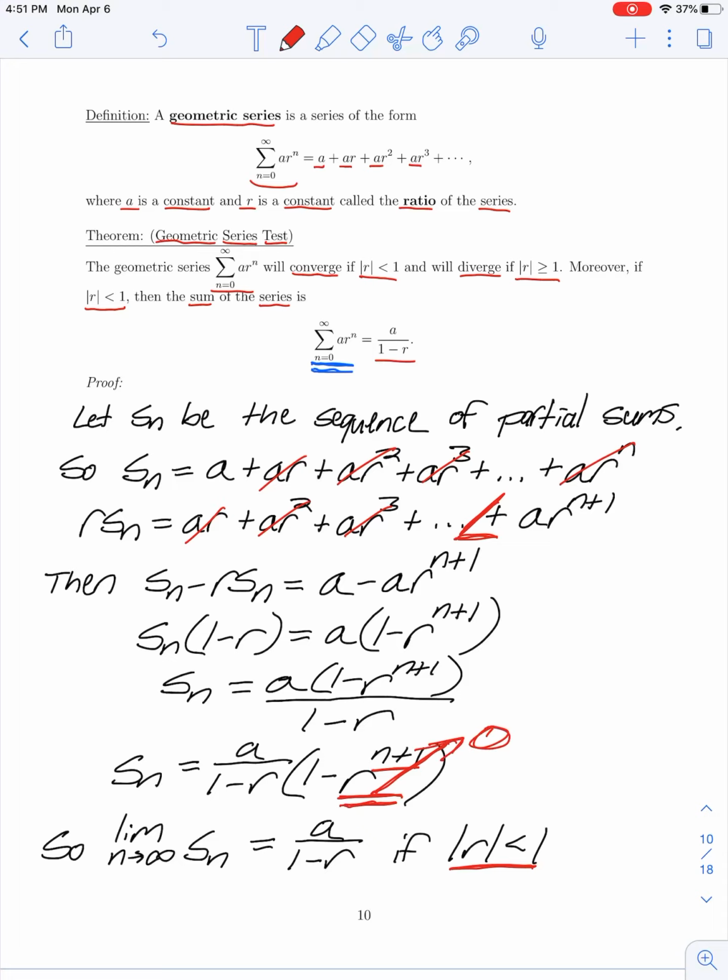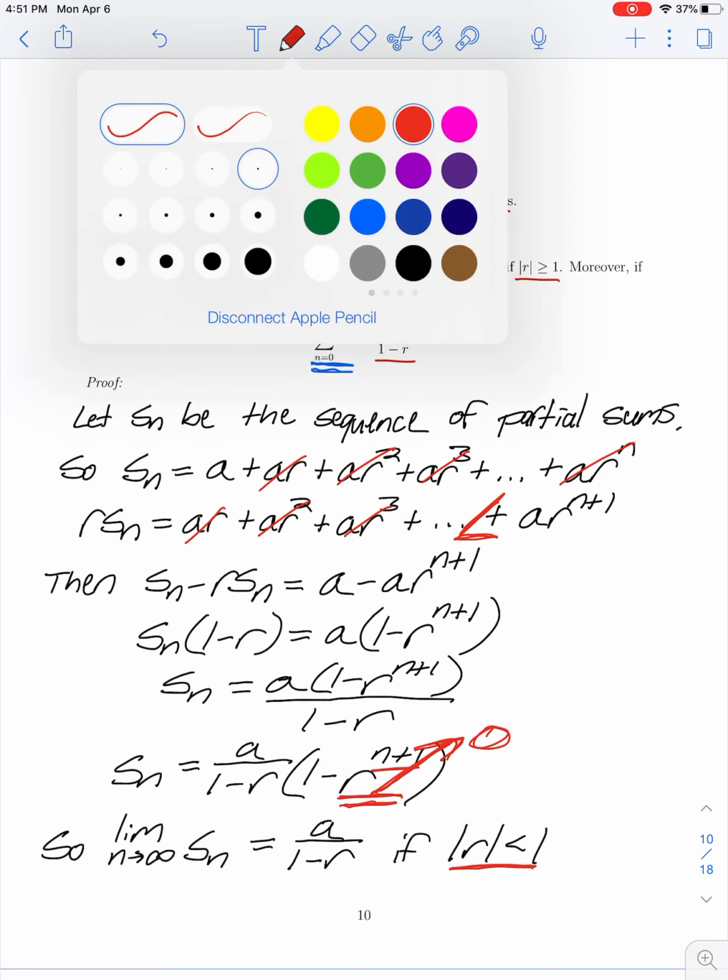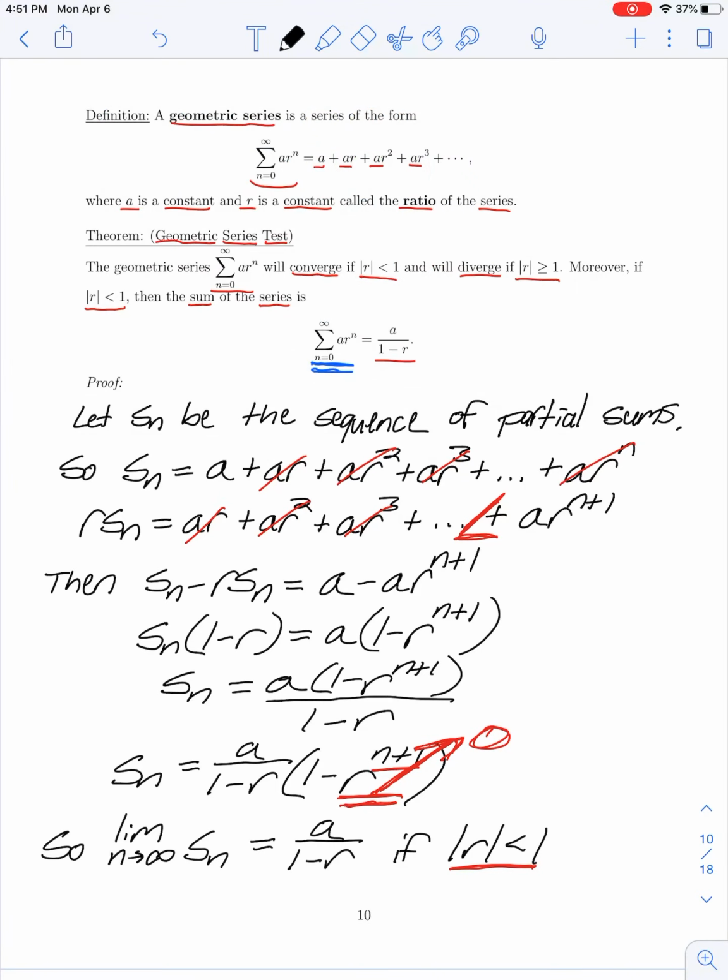If we had some number r that was greater than 1 in absolute value, let's say 2, if we took higher and higher powers of 2, we would have something that diverges to infinity. So we only have convergence in this case when the absolute value of r is less than 1, and the sum of our series is this a over 1 minus r.